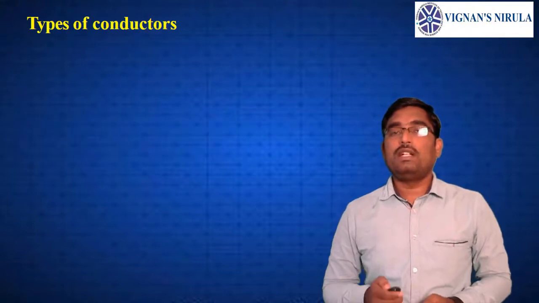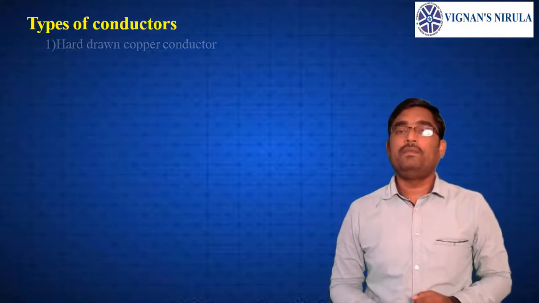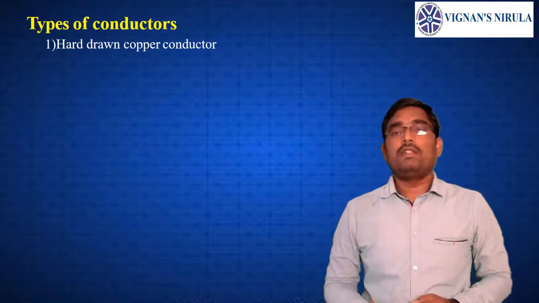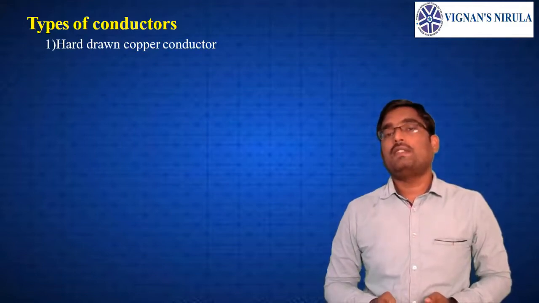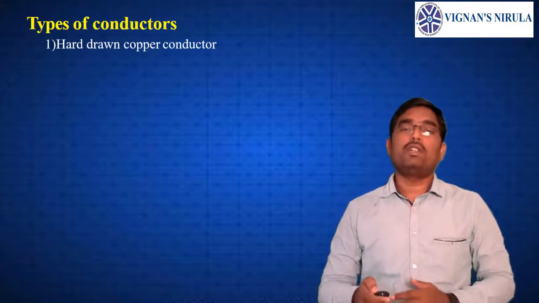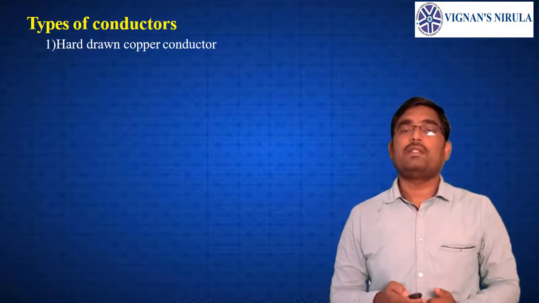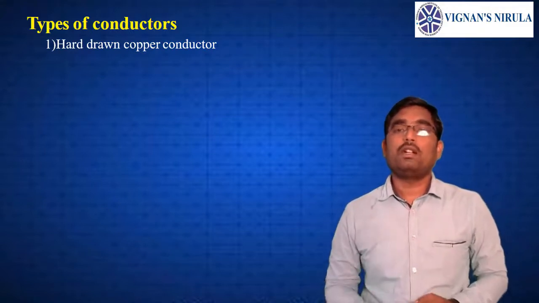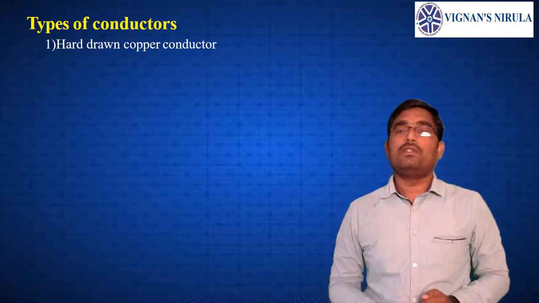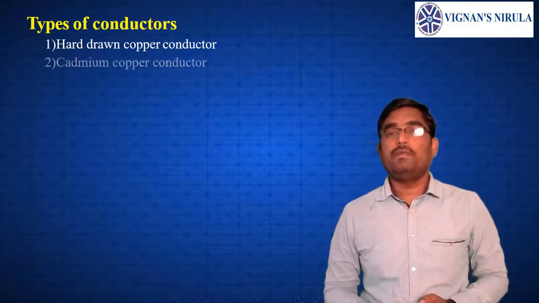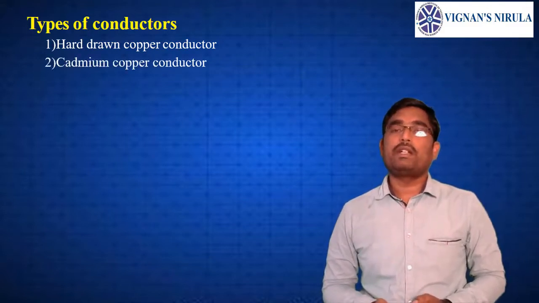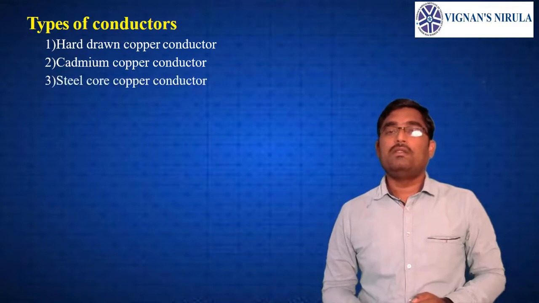Next, let us see the types of conductors. So far we have discussed the types of materials; now we are talking about types of conductors. First, hard drawn copper conductor. Second, cadmium copper conductor. Third, steel core copper conductor.